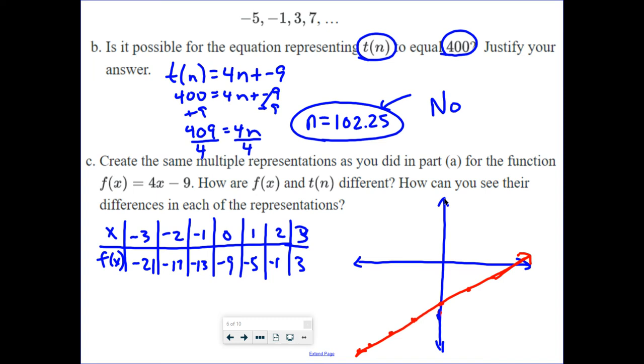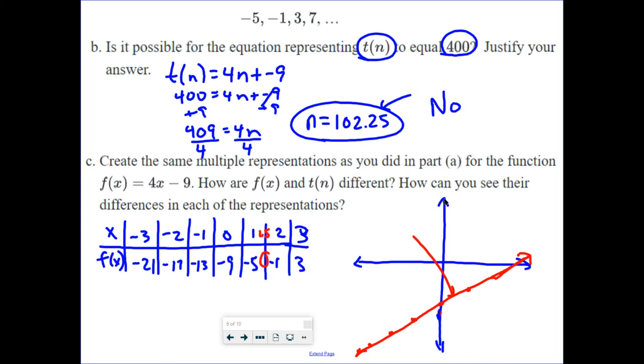So how are they different? Write some ways. Please list at least 2 ways that they're different. One of the big things is that it is a continuous graph, meaning we could find the decimal. So I could find the value 1.5 for x and get a number here for y.